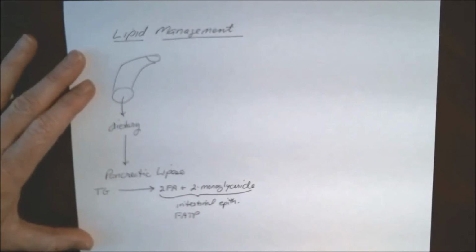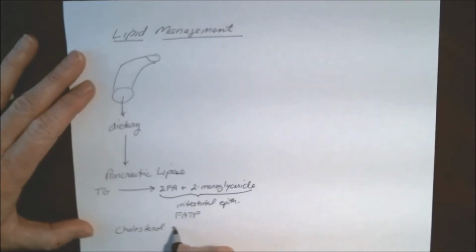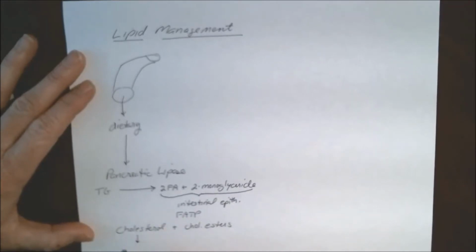Now, the other part of our dietary fats are cholesterols plus cholesterol esters. Now remember, cholesterol is just the base structure, and cholesterol can be taken up by our NPC1L1 transporter.